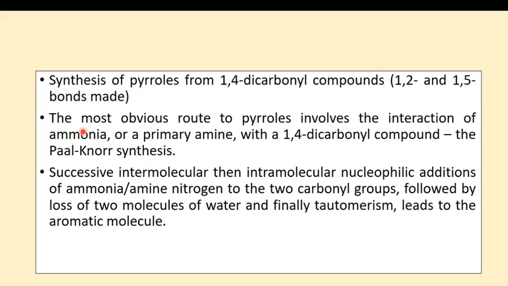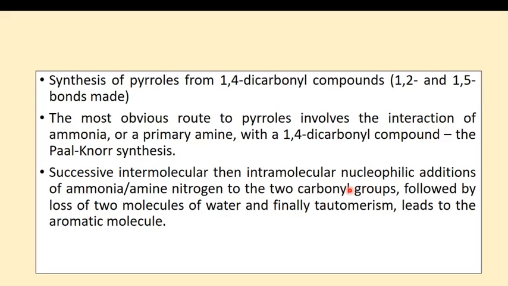The most obvious route to pyrroles involves the introduction of ammonia or a primary amine with 1,4-dicarbonyl compounds, the Paal-Knorr synthesis. Then successive intermolecular and intramolecular nucleophilic additions. Initially an intermolecular reaction and then an intramolecular nucleophilic reaction takes place.